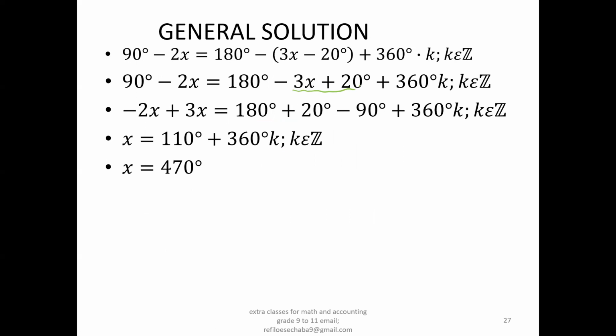You multiply it all the time, unless it was just 3x, then in that case, you wouldn't have to. I hope I'm making sense. Or if it was just 20, then you wouldn't have to. But here the minus was on the whole bracket. That's why we have to multiply everything by negative.